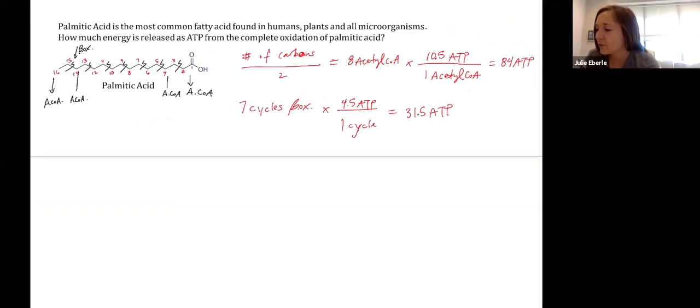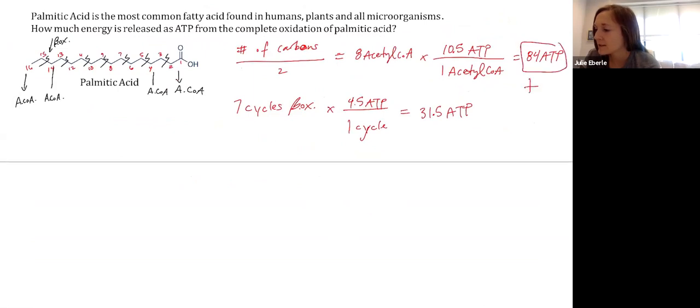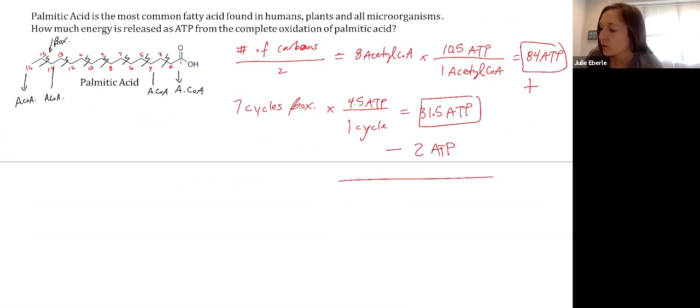So far we've got 84 ATP plus 31.5 ATP minus 2 ATP, because we had to invest those in the activation step. Total, that's how much? 84 plus 31.5 minus 2.